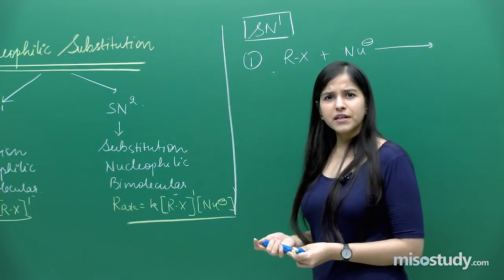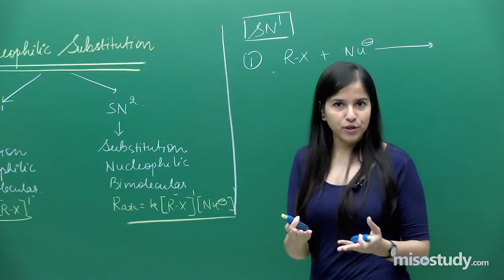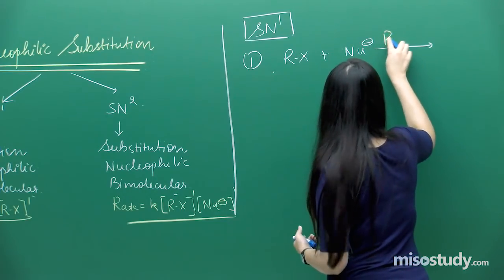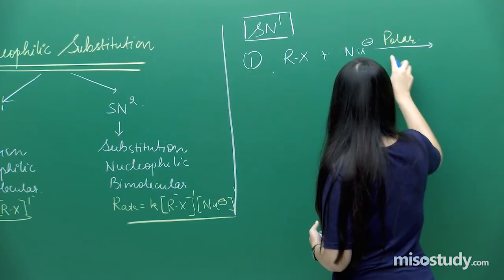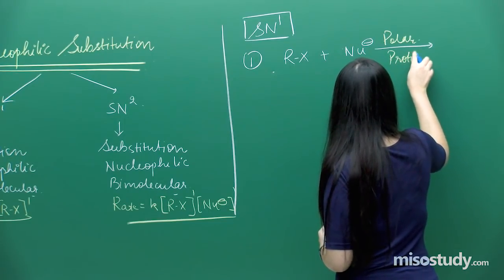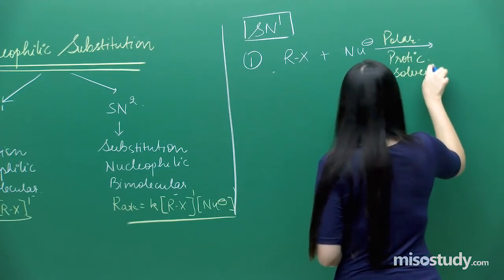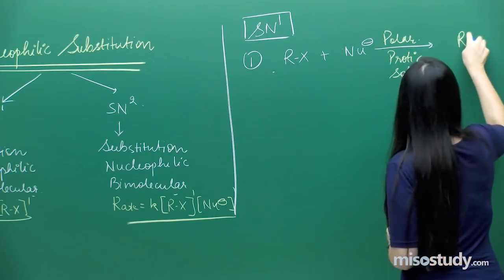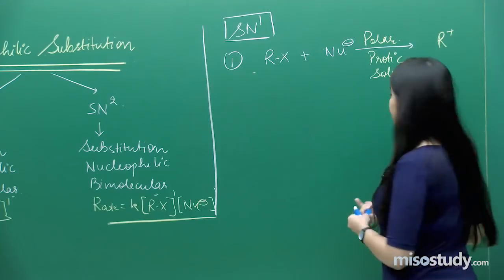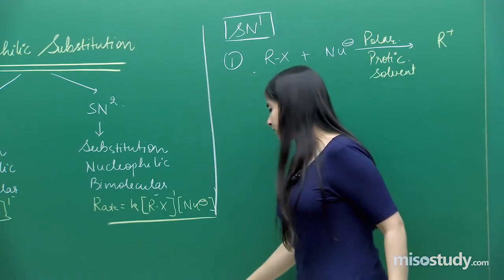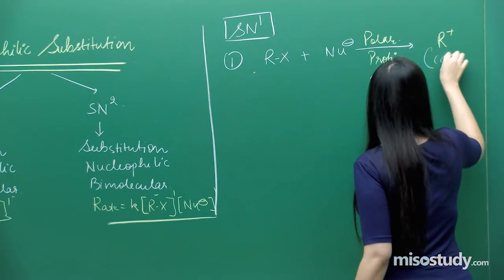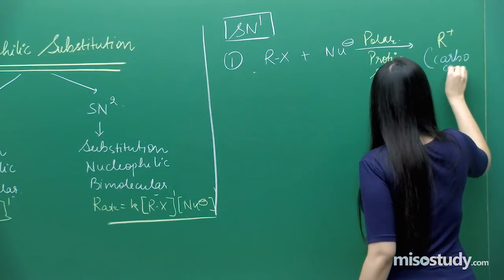So have you given a thought about what polar protic actually is? If not, I'll tell you. Polar protic solvent I have taken. First step is formation of carbocation. So that is the carbocation that I have formed. Clear?